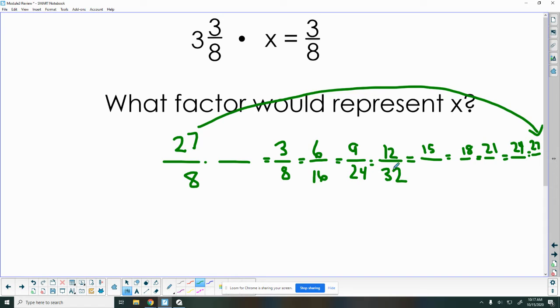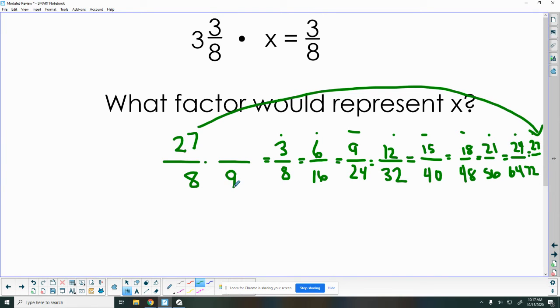So 8, 16, 24, 32, and 40, 48, 56, 64, 72. So we had to do times 1, 2, 3, 4, 5, 6, 7, 8, 9 times to get from 8 to 72.